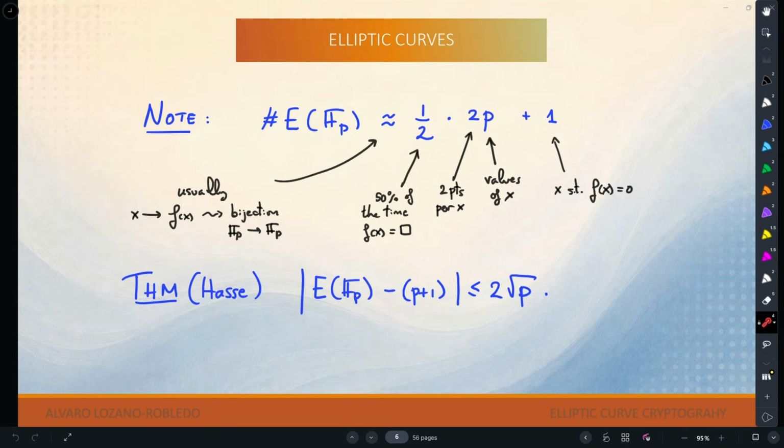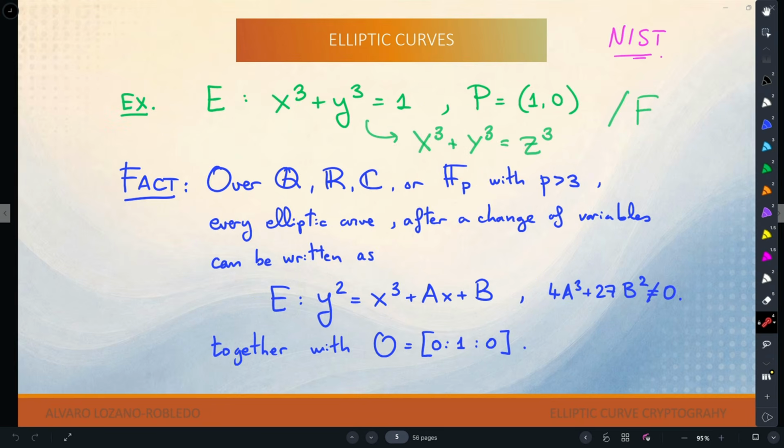And a heuristic is that if you go back to the short Weierstrass form, well, I can take any x value, okay? So there's p options for x values. And once I have an x value, then I can check, is that a square or not? In F_p, well, we have 0, which is a square.